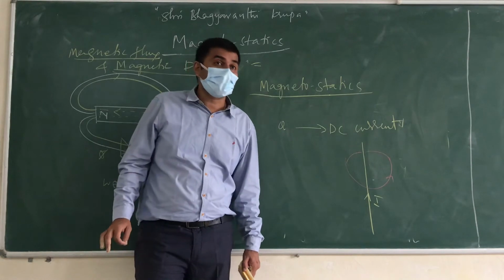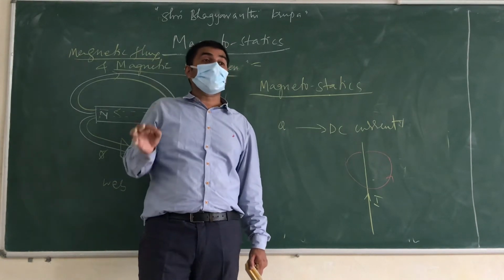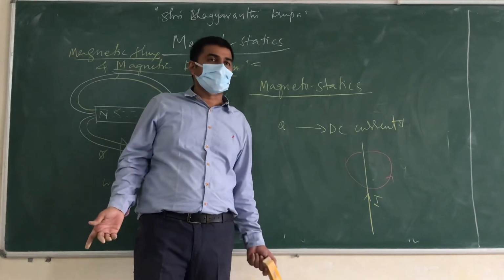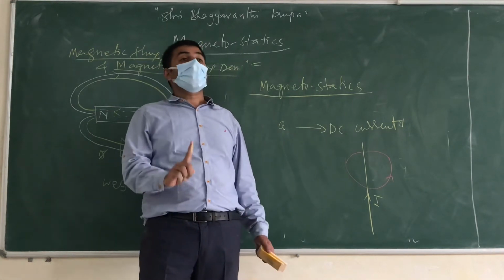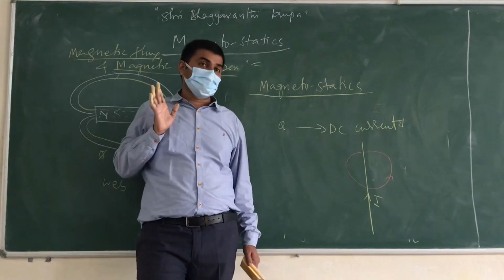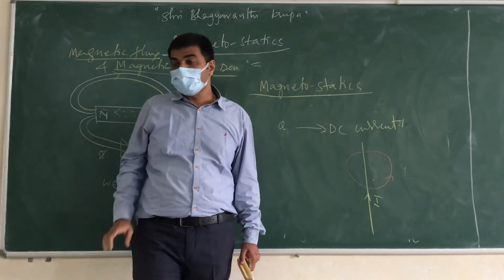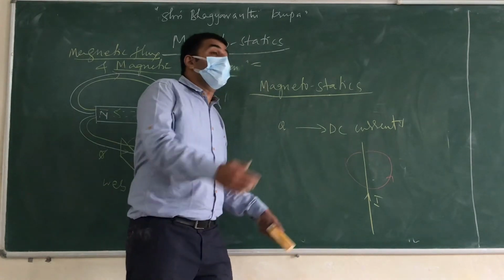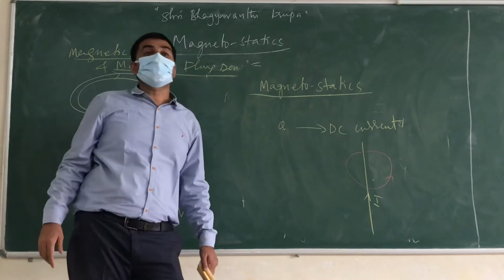Is it clear what is magnetostatics? Study of static magnetic field. Static magnetic field means which is not varying with respect to time due to flow of DC current. Now the question is, when current is moving like this, then the field will be around it. How to find its direction?